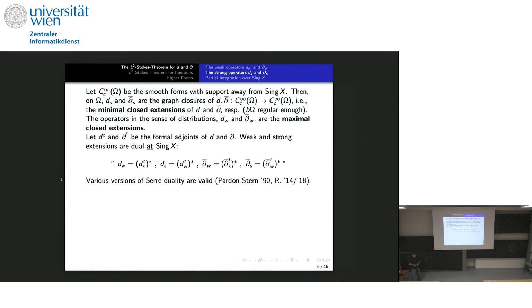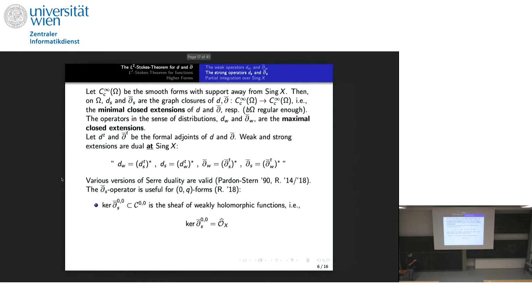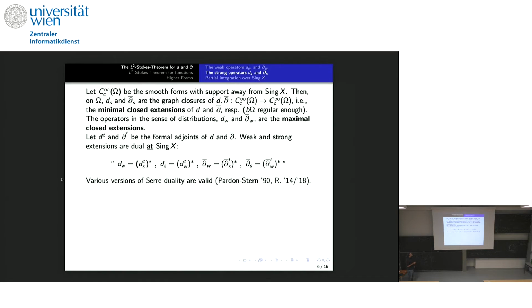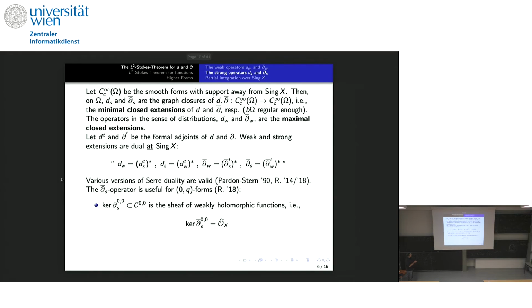You have to apply many, many times the Riesz representation theorem and Hahn-Banach and go back and forth. However, we have these duality notions, and from that one can deduce various notions of duality between the Dolbeault cohomology groups. That will appear a little bit later at some points.